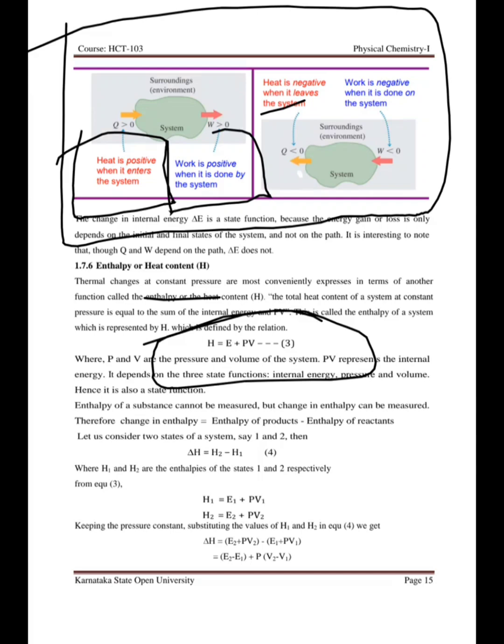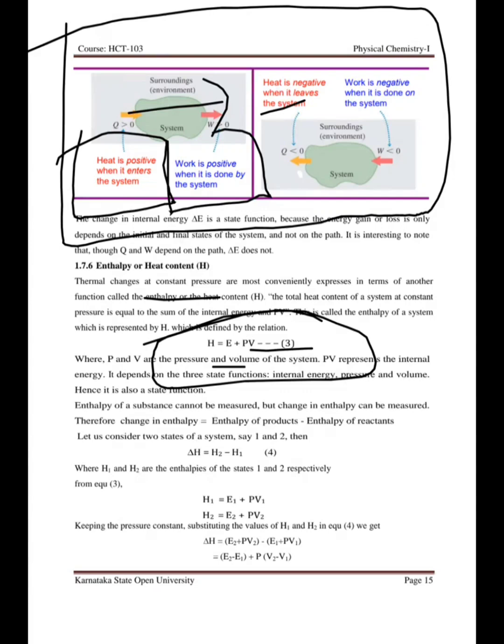H is the enthalpy, E is the energy inside the system, P is the pressure, and V is the volume. Therefore, the change in enthalpy is the enthalpy of the products minus the enthalpy of the reactants.